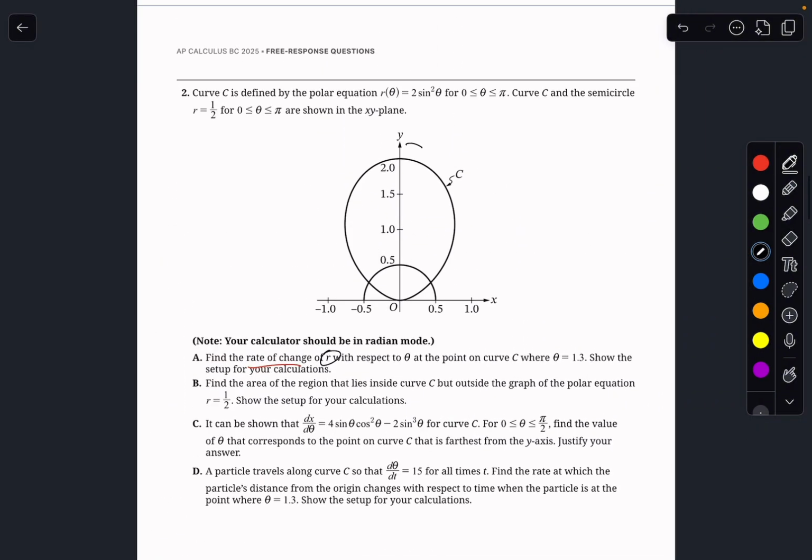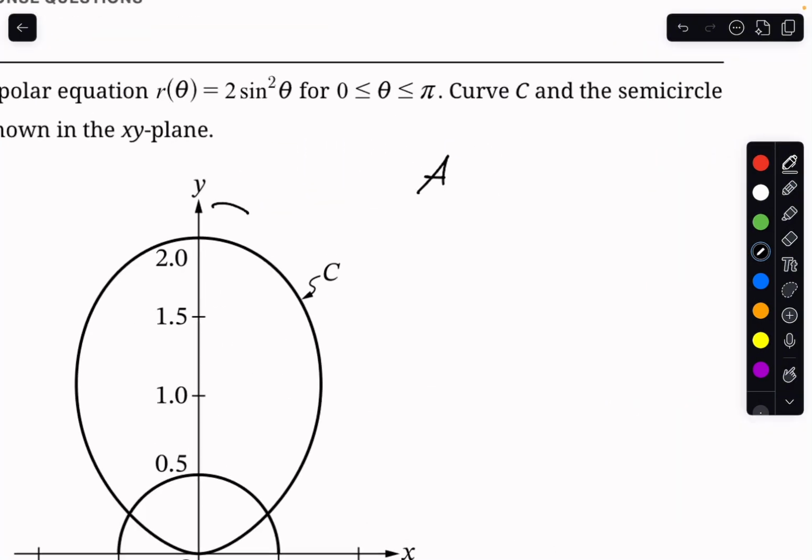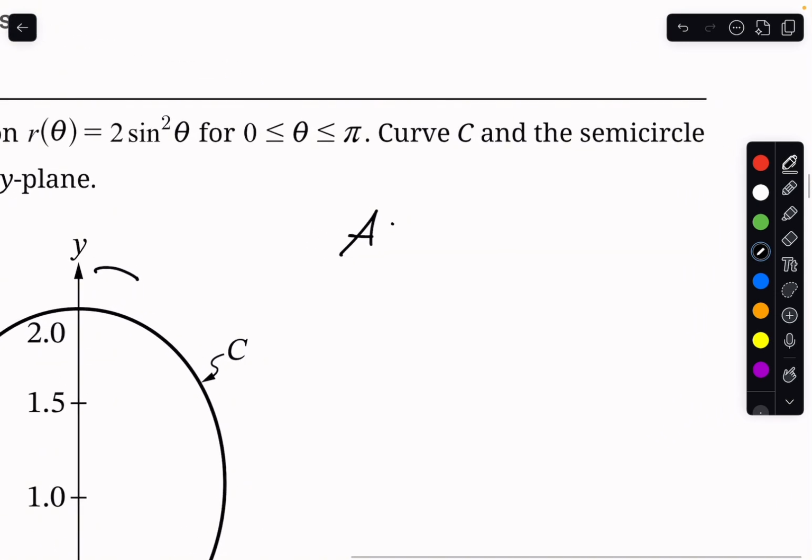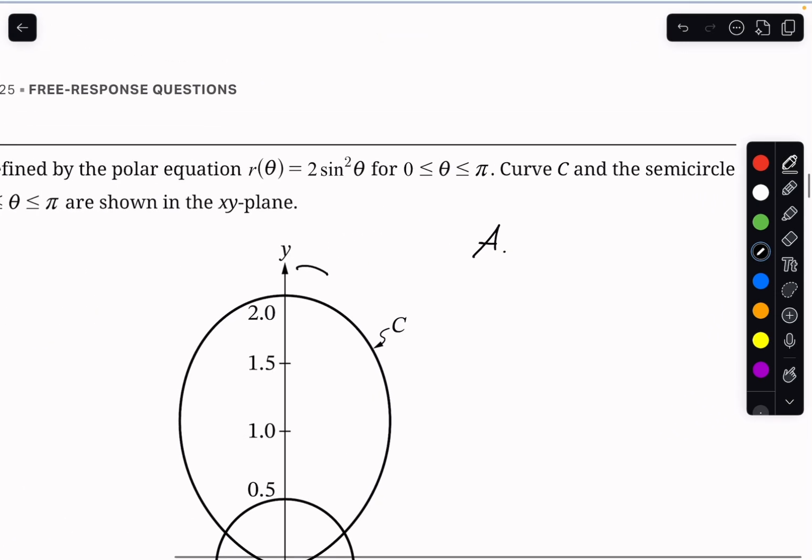But to actually solve this, it's very easy. Let's write it right here. I'll shift it down later. All you have to do is the derivative. It's r prime. So you have r of theta is equal to this, which is our curve C. r prime of theta is going to be equal to 4, we bring this down, sine of theta, and then chain rule, we take the derivative of this, cosine of theta.